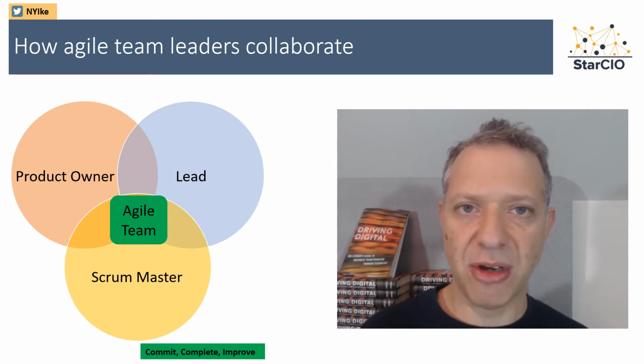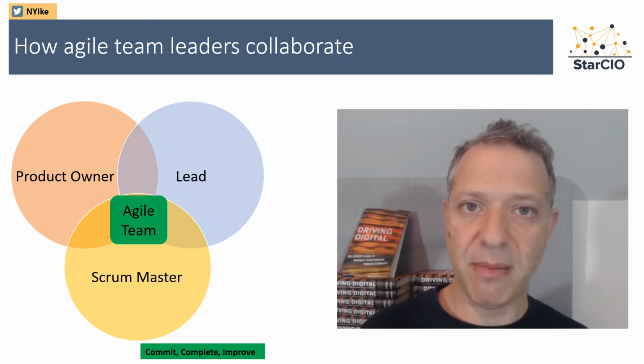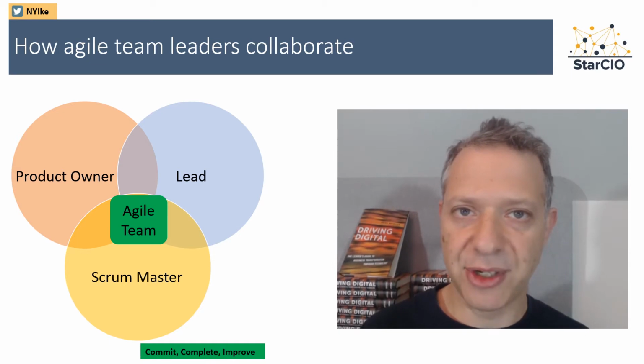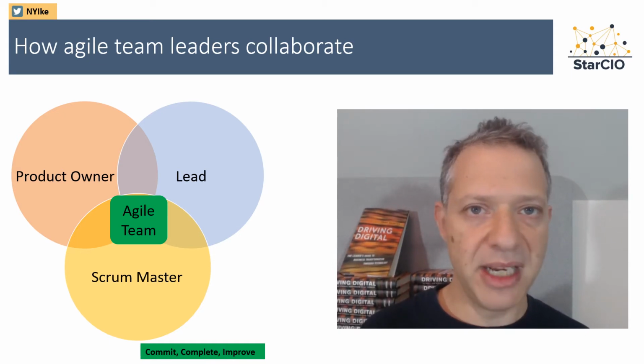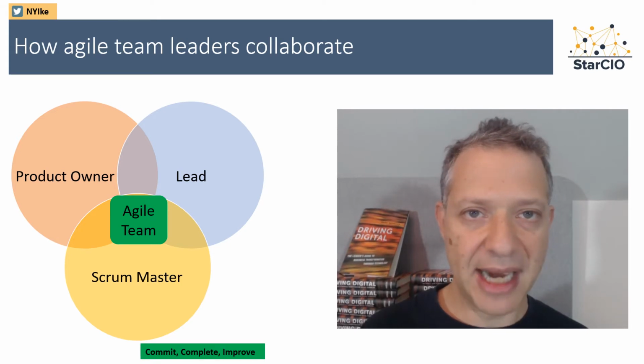My expectation on the team is that they understand their requirements and priorities, that they commit to what they're going to accomplish in their sprint, that they complete their commitments with quality, and where there needs to be improvements, they discuss this at their retrospectives and feedback that into their sprint cycles to improve their velocity, their quality, and their commitment.